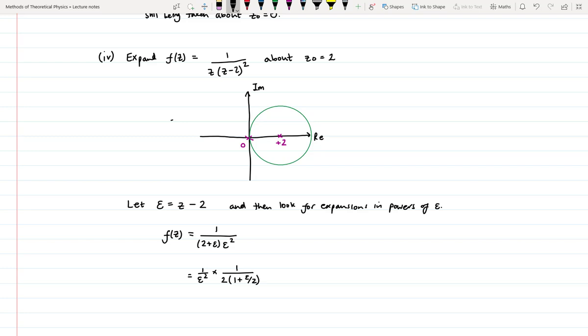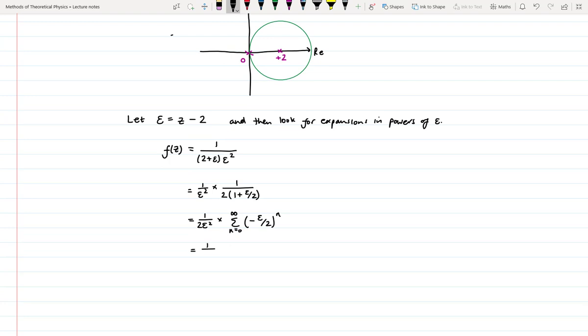As before, you can spot that this second term on the right hand side is a convergent power series, this time in the variable minus epsilon over 2. Taking this factor of 2 out the front, we then have the sum from n equals 0 to infinity of minus epsilon over 2 to the power of n.